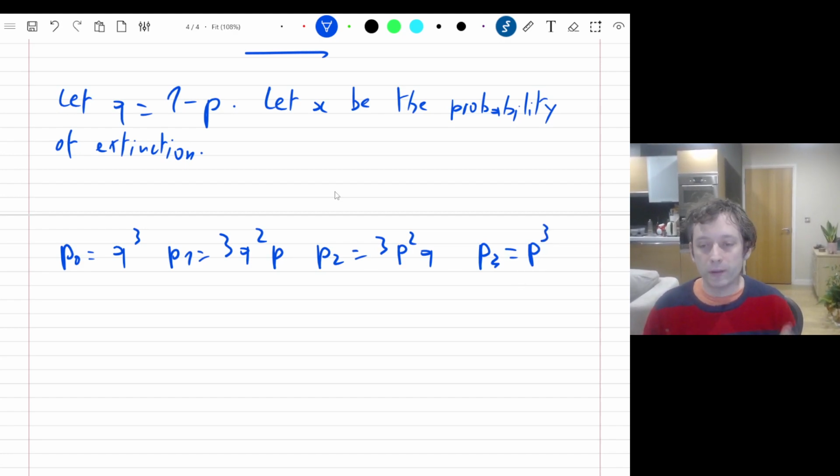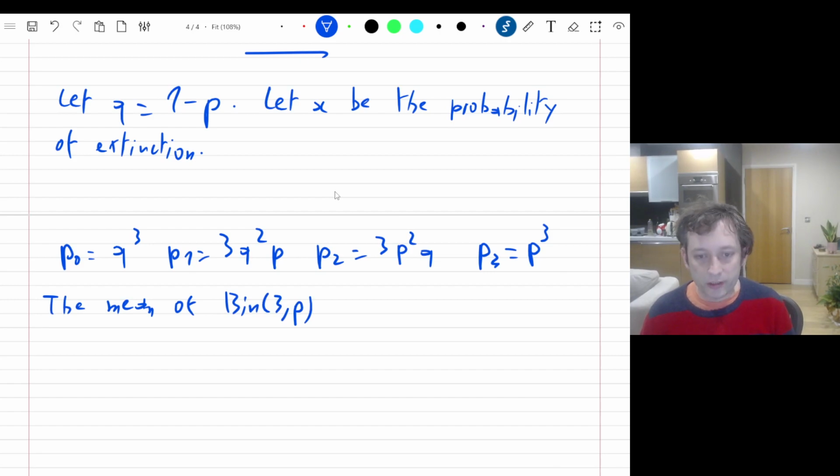So the probability of getting 3 successes is p times p times p. And 1 and 2 have the 3 in the middle because that's the 3 choose 2 or 3 choose 1. Now, one thing that we know, of course, is that the mean of this distribution of binomial 3p, the expectation, is 3 times p. In general, it's n times p when it's binomial np.